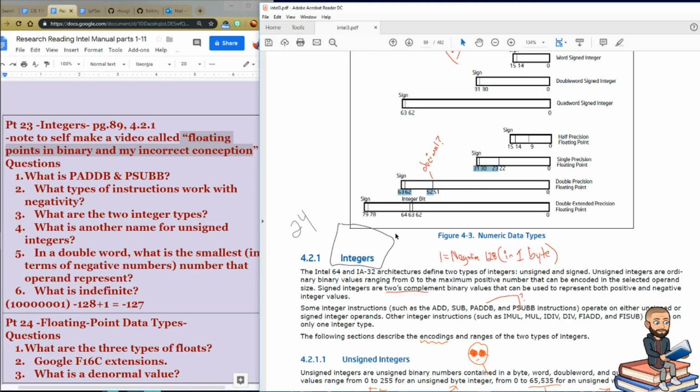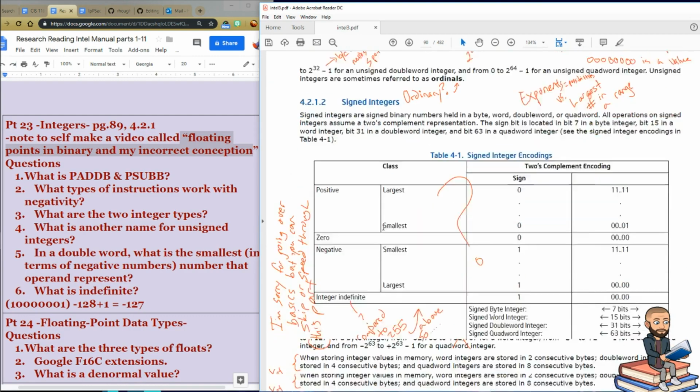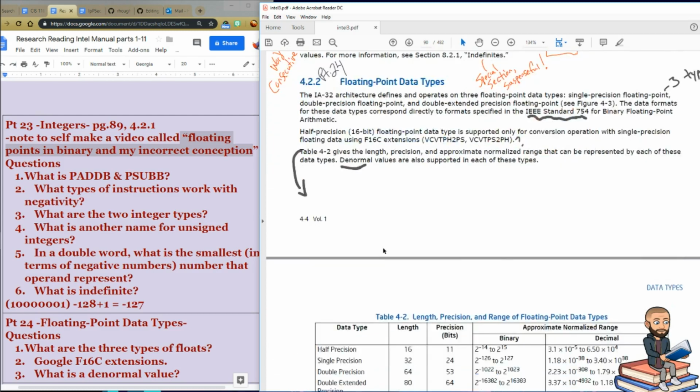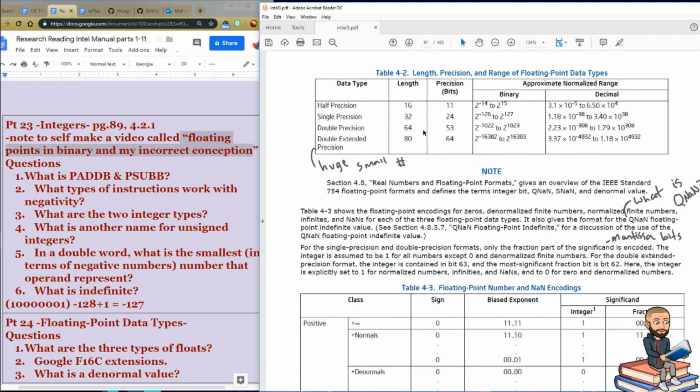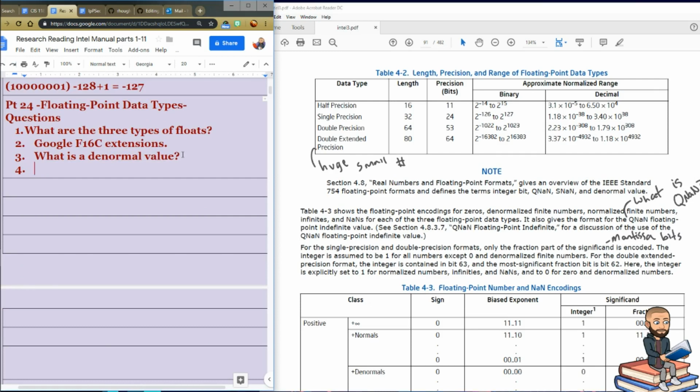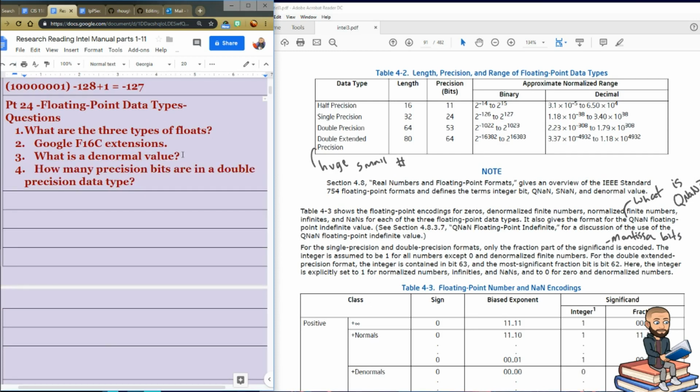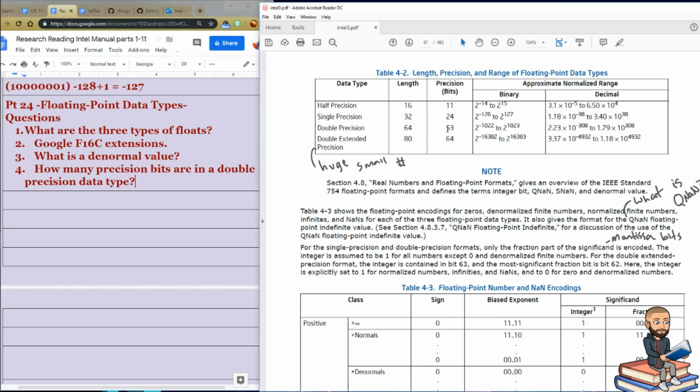But nope, that's not how those floating points work. So if we scroll down to the other diagram about floating points, they give us the range, but they do it using these exponents, so it's kind of hard to visualize. If you want to do some table reading practice, you can answer questions like this. How many precision bits are in a double precision data type? So therefore the answer would be 53.